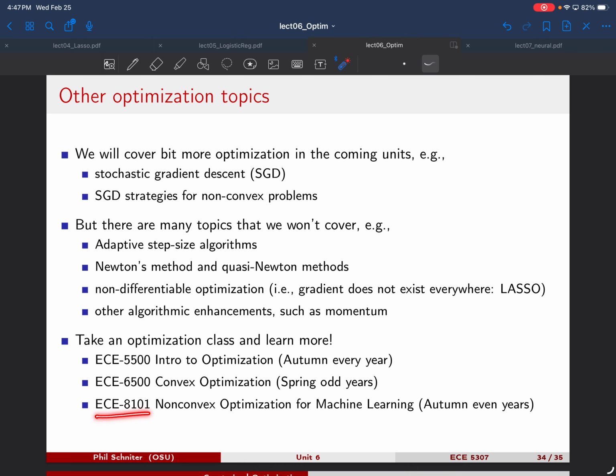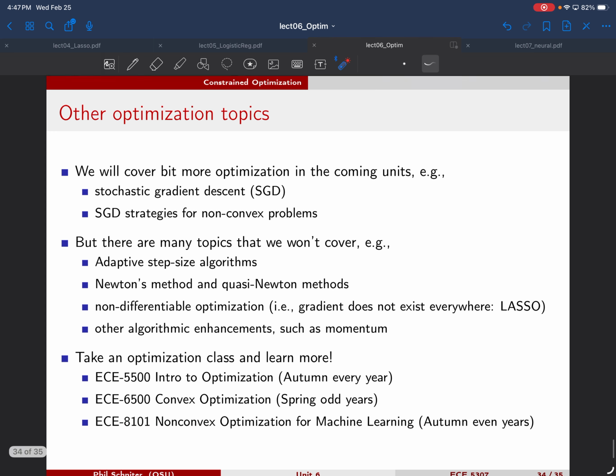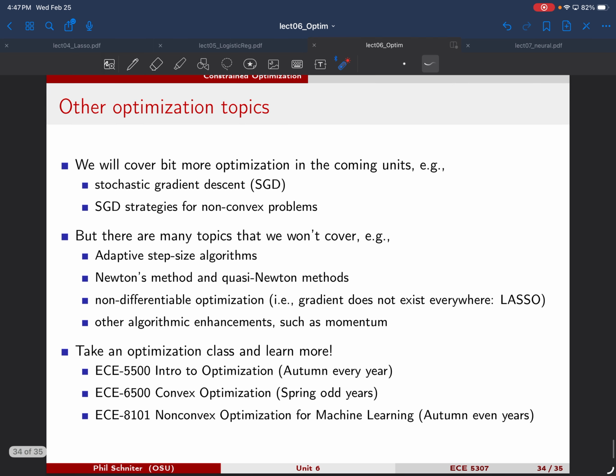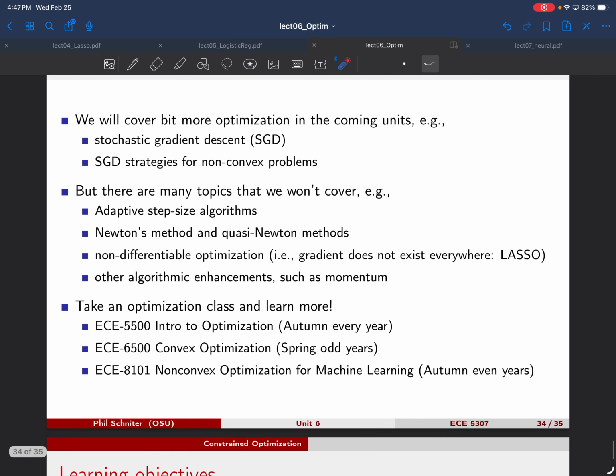And then finally, we have a more advanced course on non-convex optimization for machine learning, which is taught autumn even years. These are the places you can learn more if you'd like to. And if you're getting into this field of machine learning, these are definitely important courses.